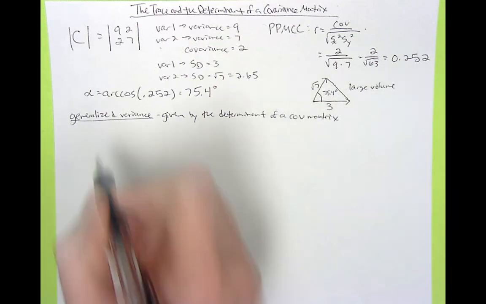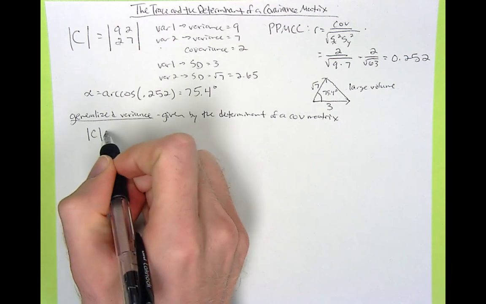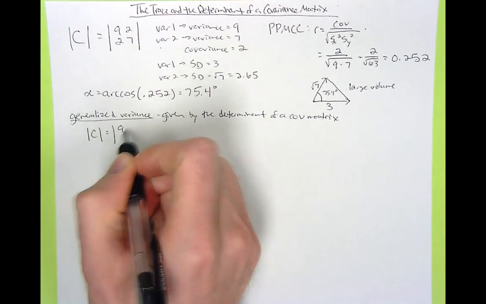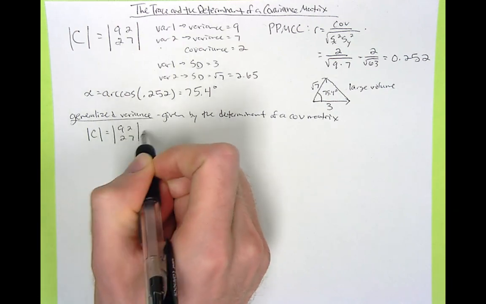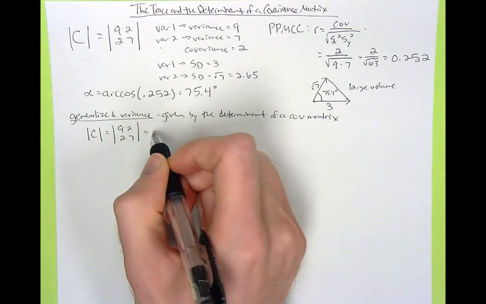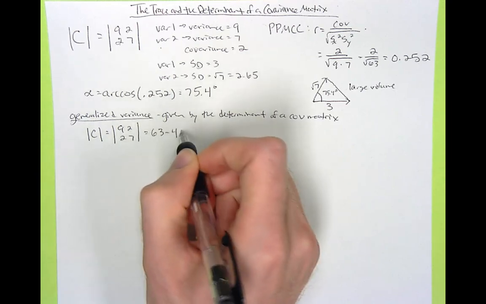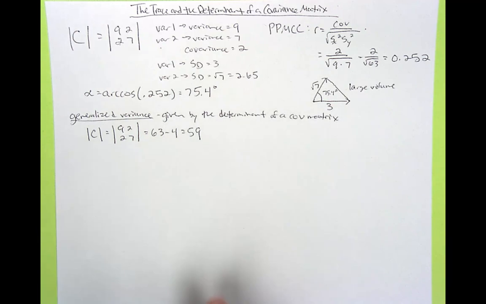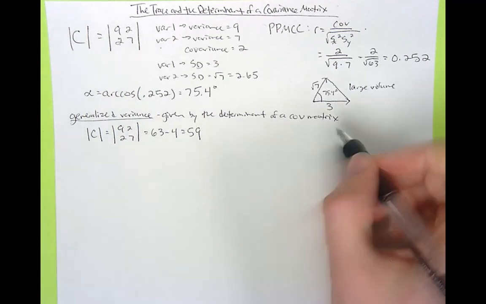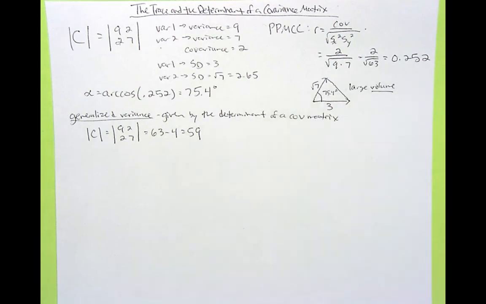So in this case, for C the determinant is going to be 63 minus 4, which is 59, which is the generalized variance. When this is large, the volume of the geometric figure for that set of variables is large.